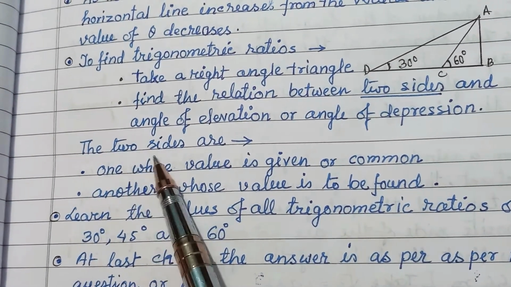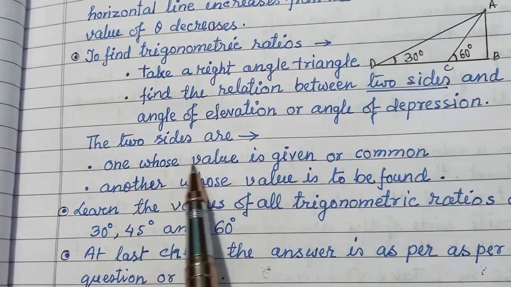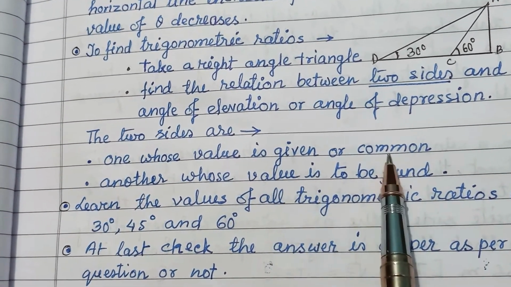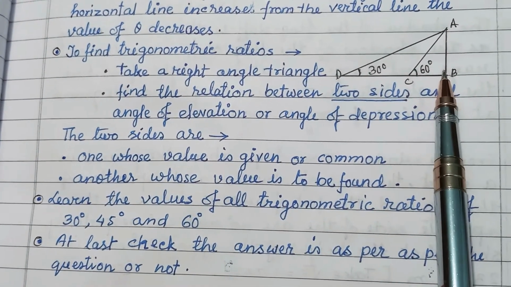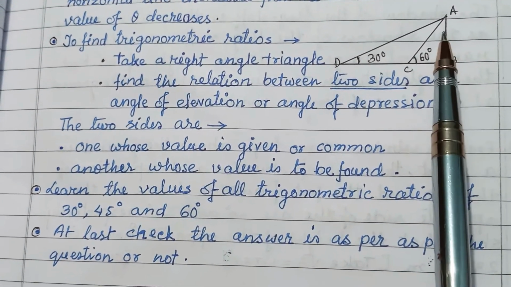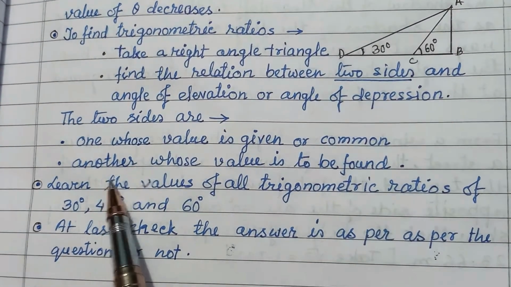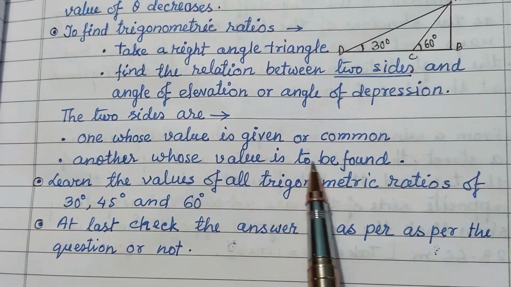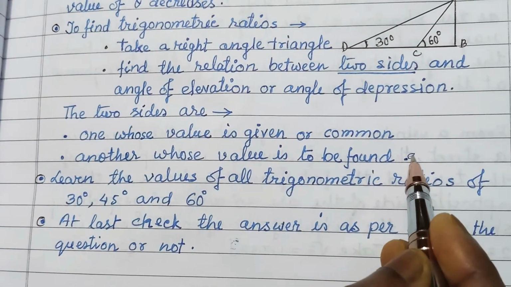Of these two sides, check that one is the side whose value is given or common. Suppose this side is common for this triangle and this triangle. So take the side whose value is given or common, and another side whose value is to be found out.